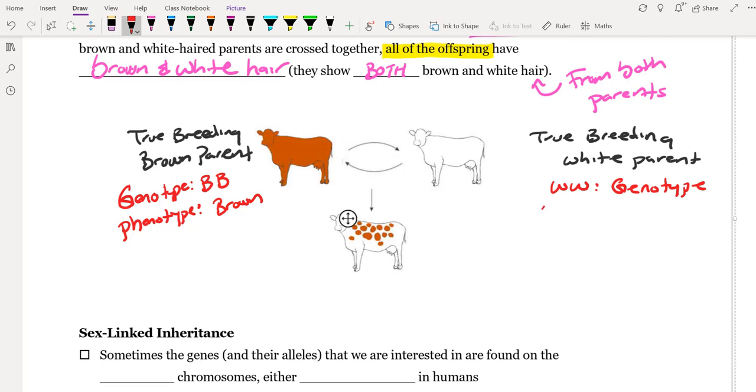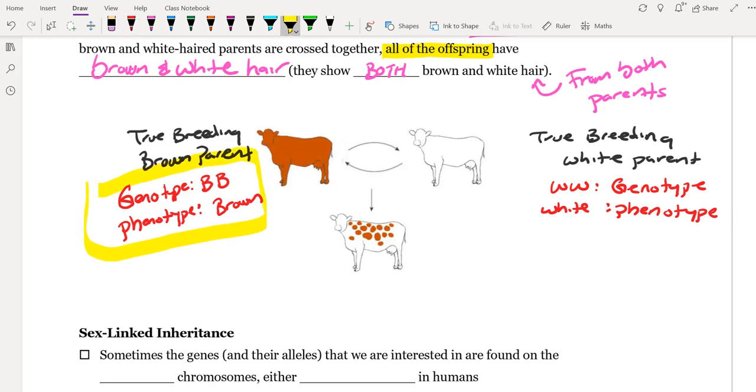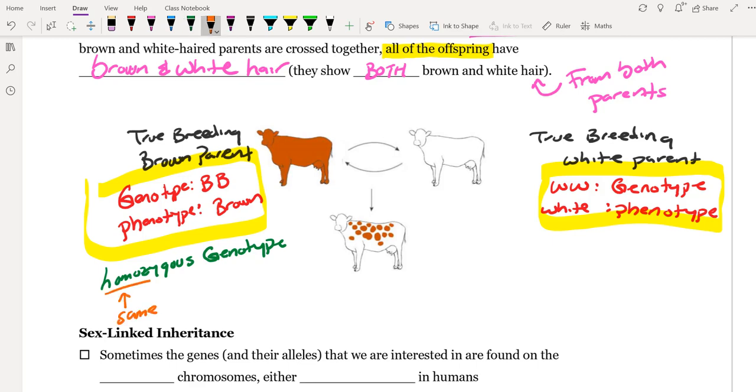For the white parents, white is their phenotype. Right? So in both situations here, this is a homozygous genotype. Right? Homo meaning the same genotype alleles.